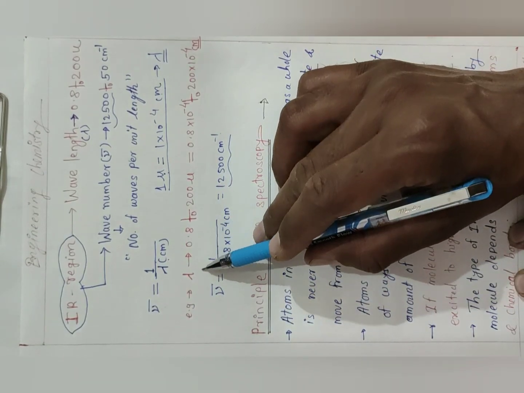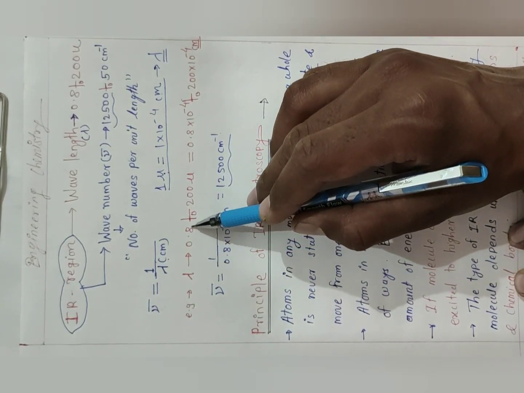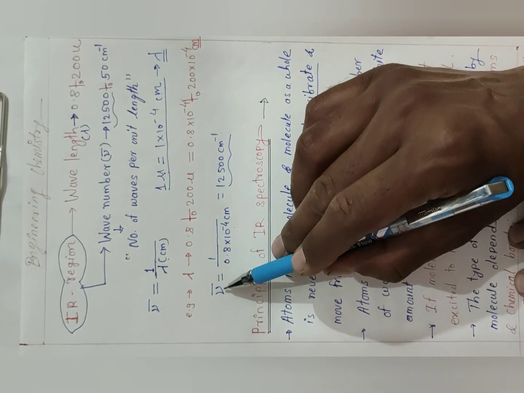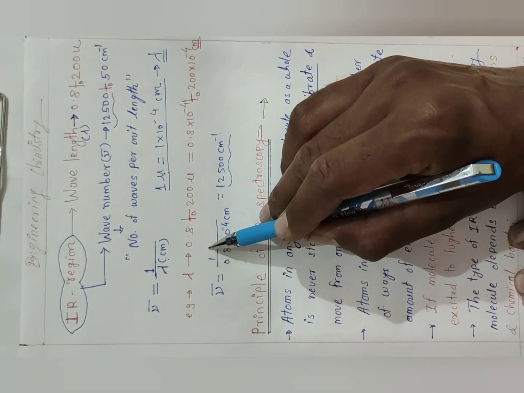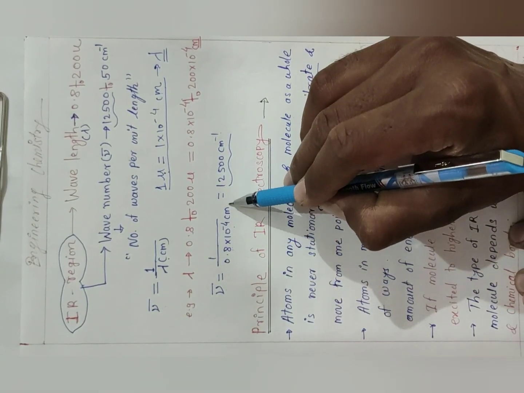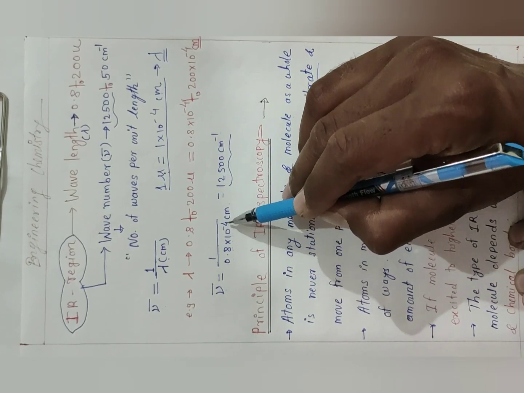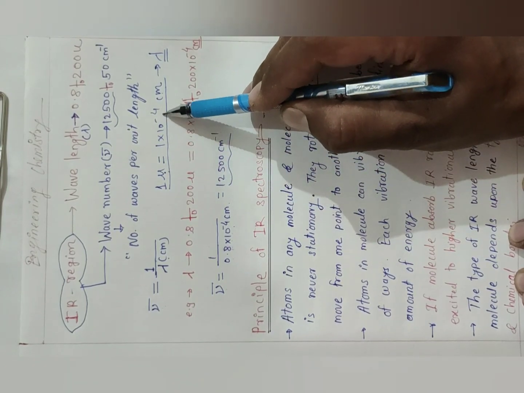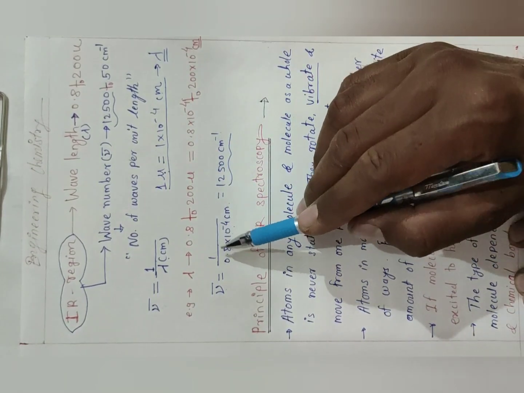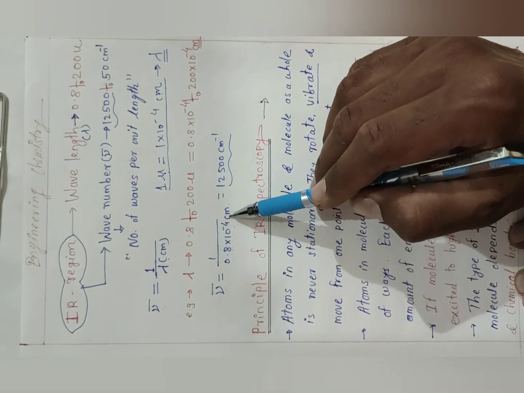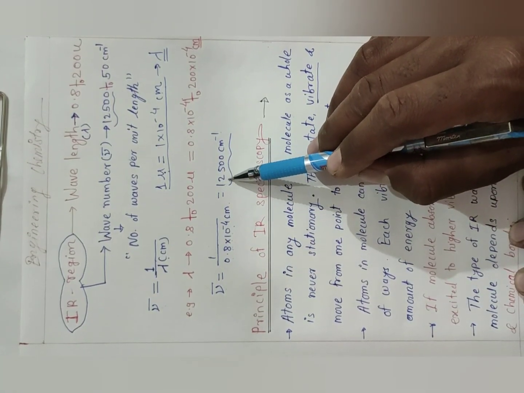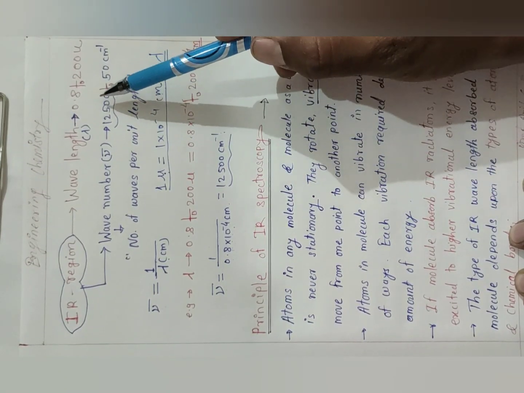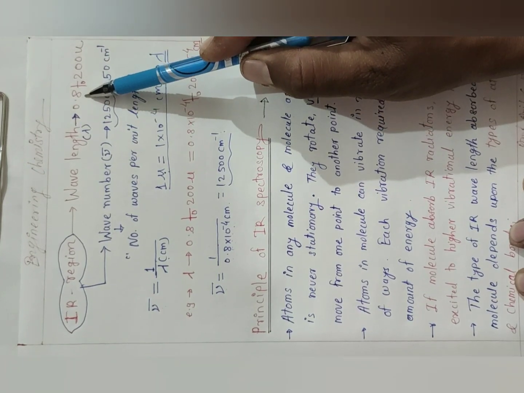For example, take the wavelength value 0.8 micron, so we multiply by 10 raised to minus 4. Wave number is equal to 1 upon lambda in centimeter, so 1 upon 0.8 into 10 raised to minus 4 centimeter. Here we get wave number 12,500 centimeter inverse. In this way we are able to find wave number if we know wavelength.